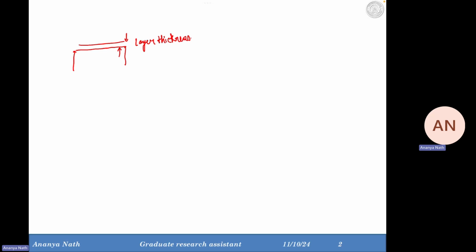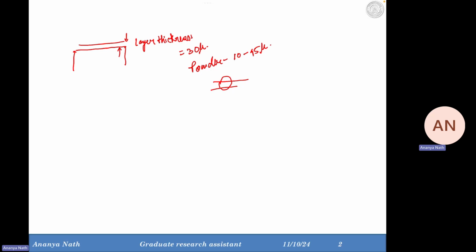If this is my layer thickness and this is equal to 30 micron, and my powder particle size distribution is 10 to 45, then how is it possible? 45 is this and the layer thickness is this. So how can you choose a powder particle size distribution larger than your layer thickness?